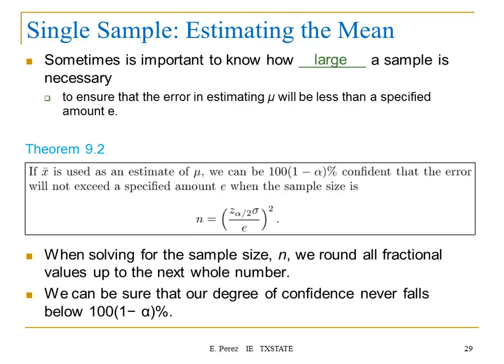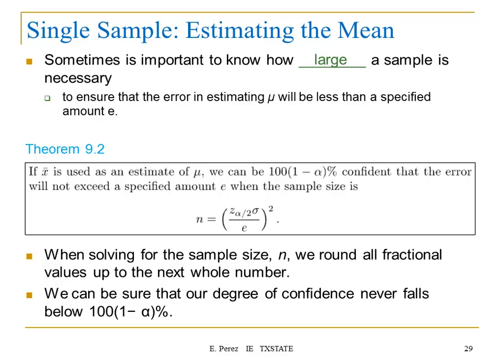Sometimes it's important to know how large a sample is necessary. So if you want to be within some specific confidence, you want to know how many observations you need to collect from the sample to ensure that the error in estimating mu will be less than a specified value or amount E. E is the error. So if x bar is used as an estimate of mu, we can be 100% times 1 minus alpha percent confident that the error will not exceed a specified value or error E when the sample size equals this number.